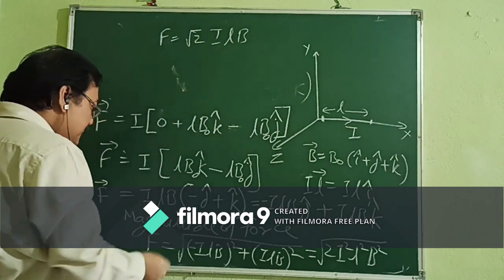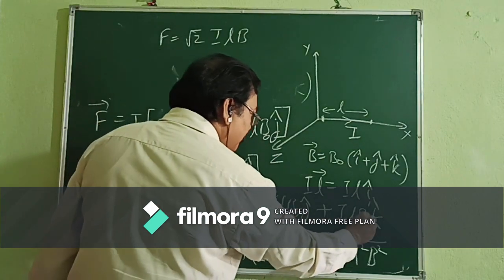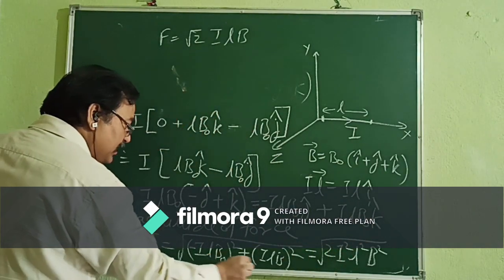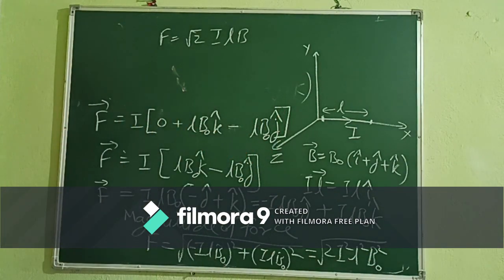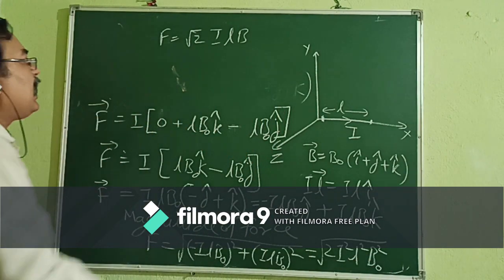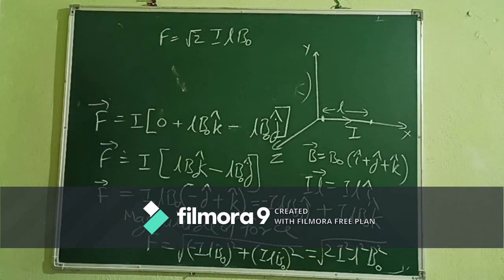Rather, it is not B, it is B naught. Again, I have made the mistake. Always I am writing B. See, this happens. So we got root 2 ILB naught. That is the magnitude of the force.